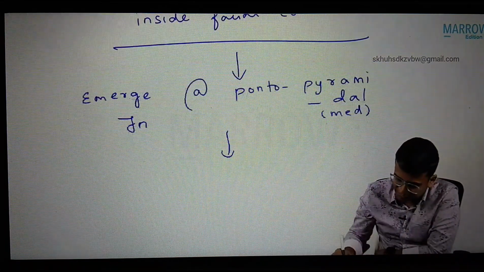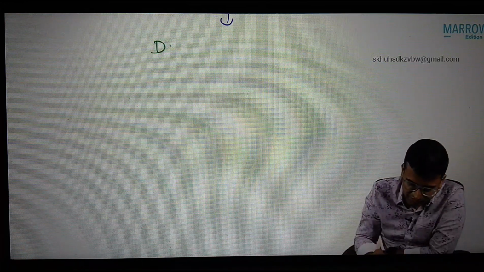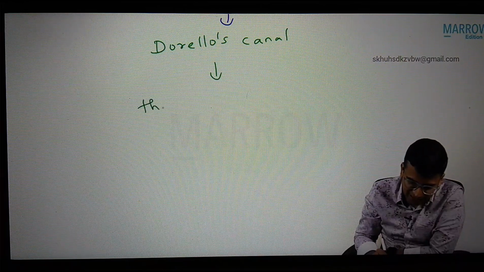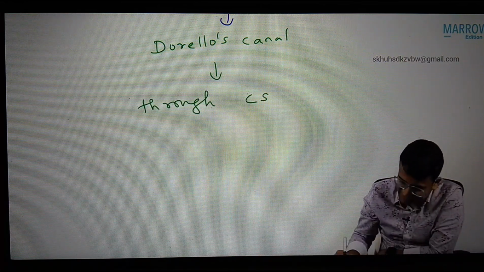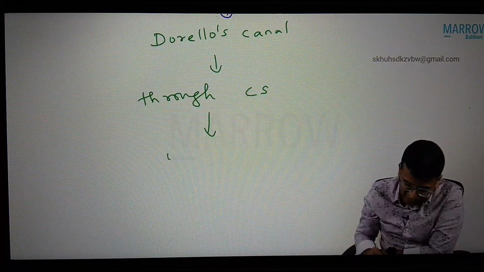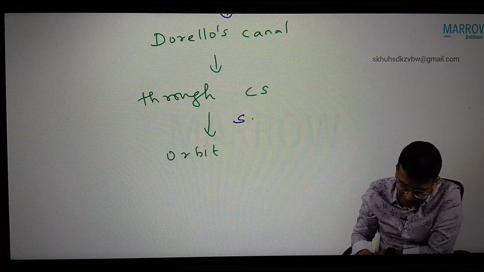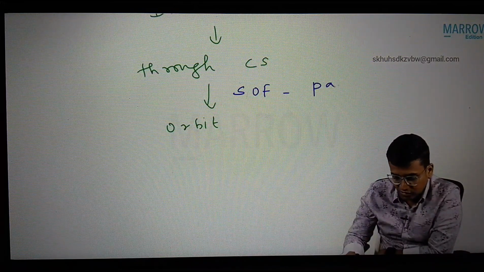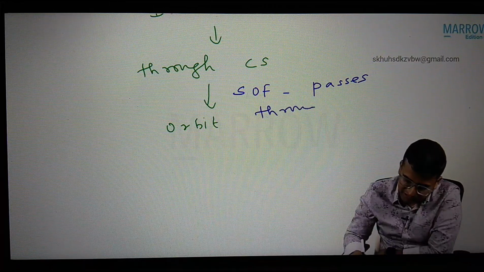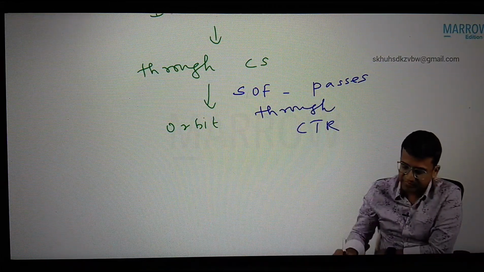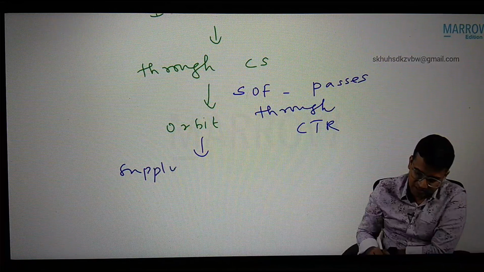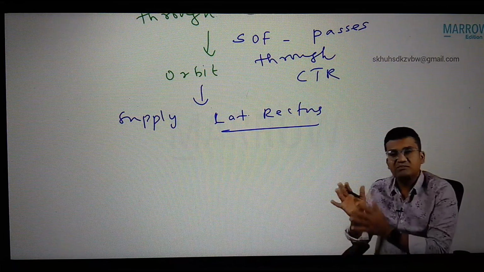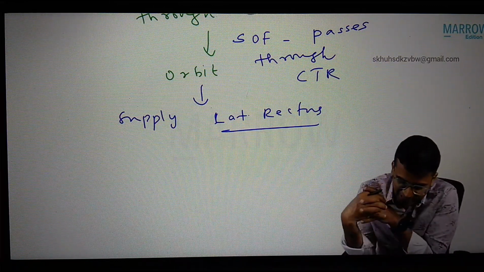So after passing in Dorello's canal, the nerve passes through the cavernous sinus and then enters the orbit via the superior orbital fissure. In the superior orbital fissure, the abducent nerve passes through the common tendinous ring and then supplies only one muscle. Which muscle? Lateral rectus muscle. The only muscle supplied by our sixth nerve is the lateral rectus muscle.